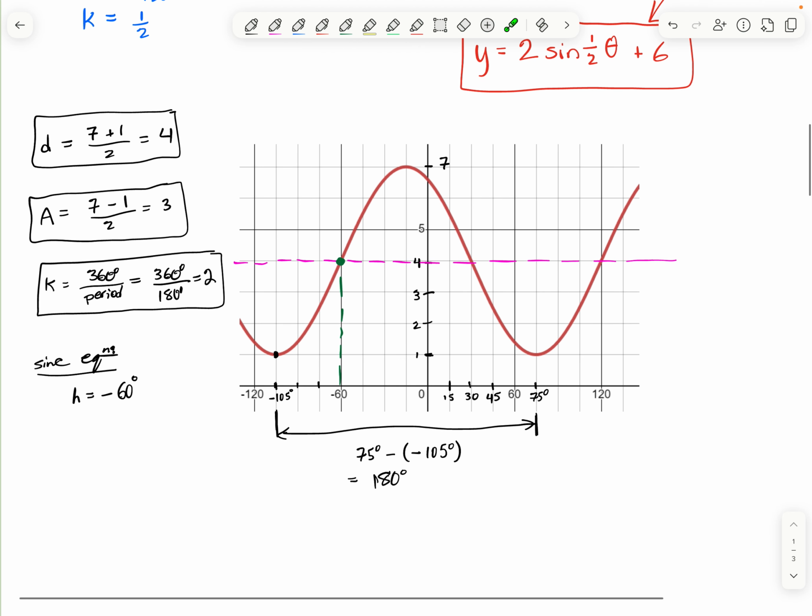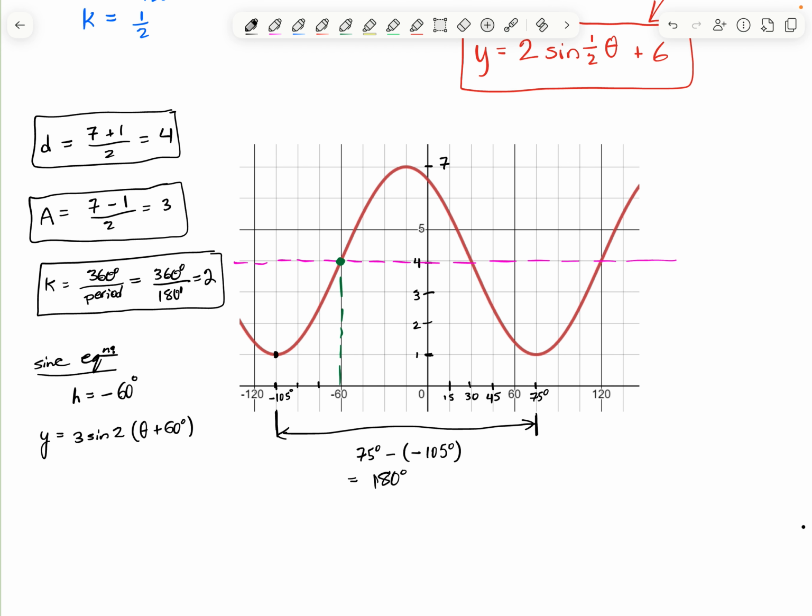What happens is now when you sub this into the equation, we have y is equal to a, which is 3, because it's positive, so it's going up. And then we have sine k, which is 2, and then we have theta minus h. But two negatives give a positive, so it becomes theta plus 60 degrees, and then plus d, plus 4.